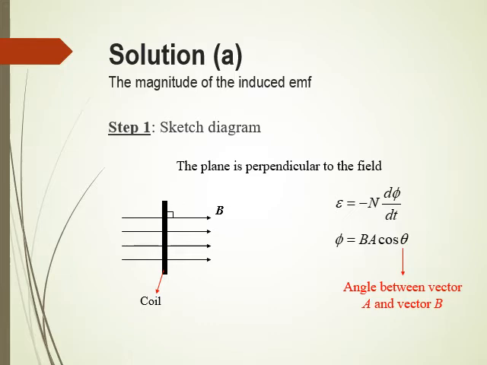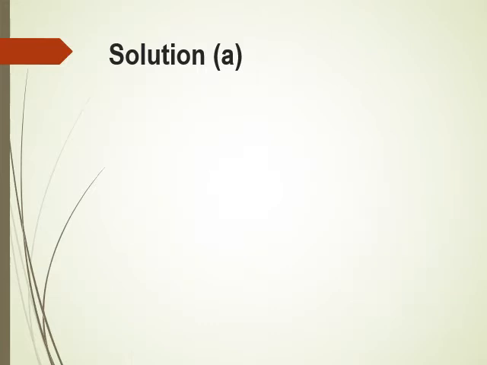It is the vector that is perpendicular to the cross-sectional area of the coil, which is perpendicular to the plane of the coil. So in this case, we have A pointing to the right-hand side. And based on the diagram, the angle between A and B is equal to 0 degree. Now that we have the angle between vector A and vector B, let us proceed to the calculation.